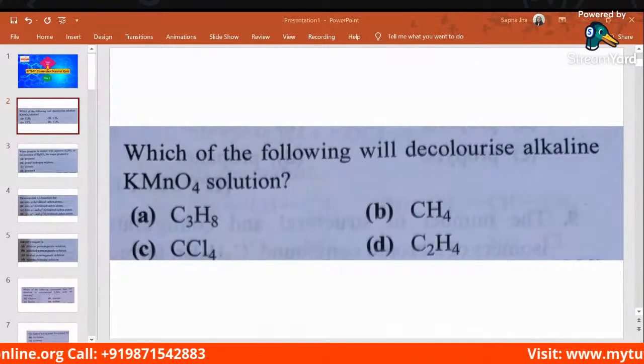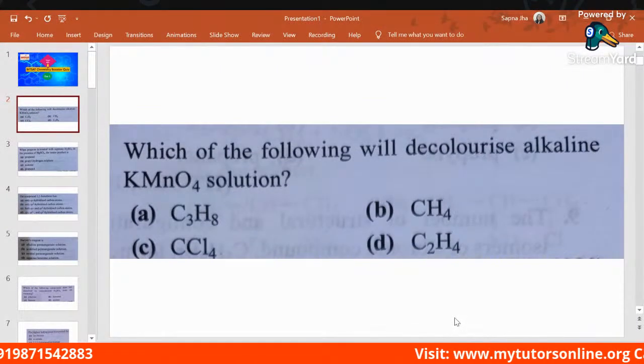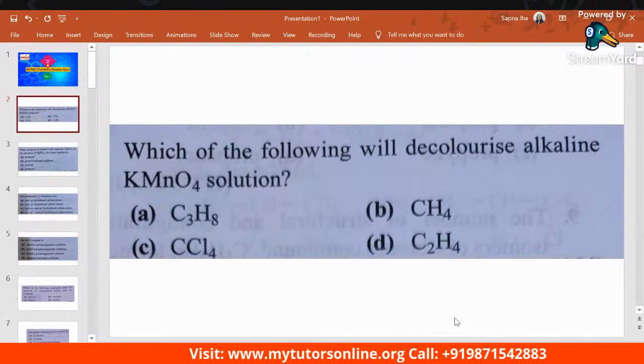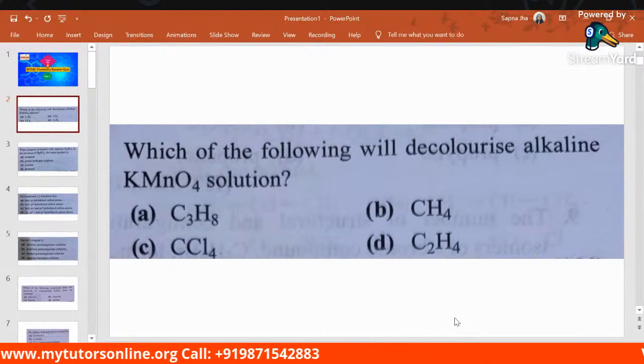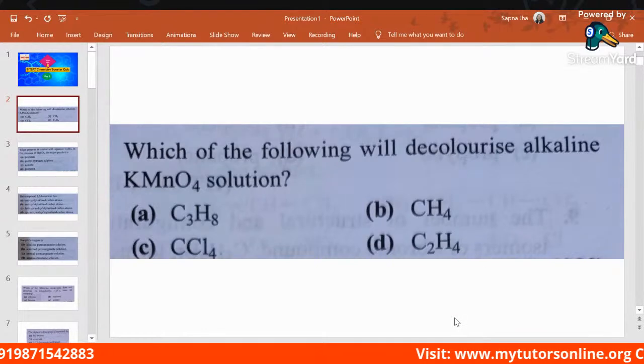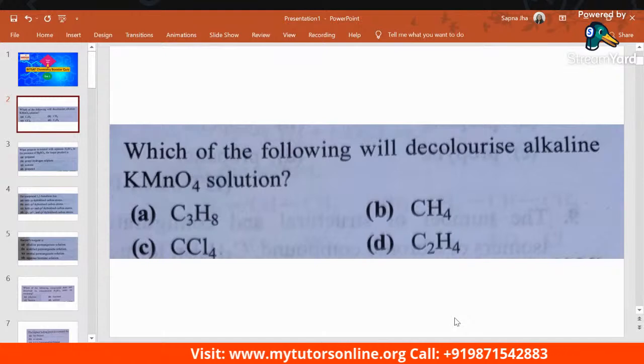Which of the following will decolorize alkaline KMnO4 solution? Fast, you have just 60 seconds to answer the question. 4 options here. The first one is C3H8, second is CH4, third is CCl4, and the fourth is C2H4.